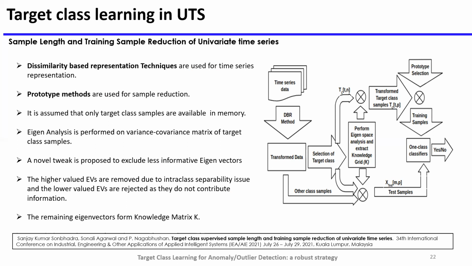The complexity arises when you have a huge sample space: how are you going to represent the time series data, how are you going to choose the best promising samples, and how are you going to choose the best promising observation points? Those observation points must be considered as features.